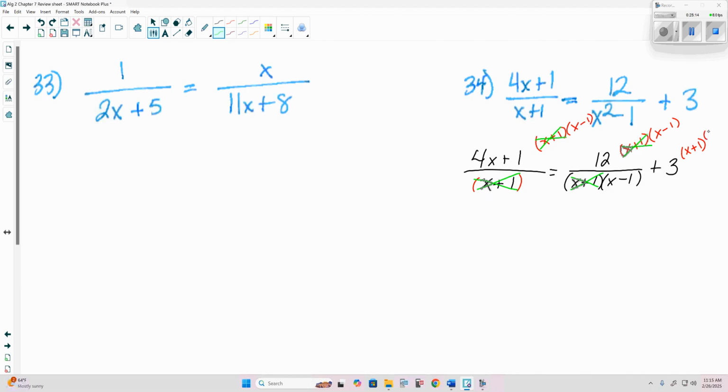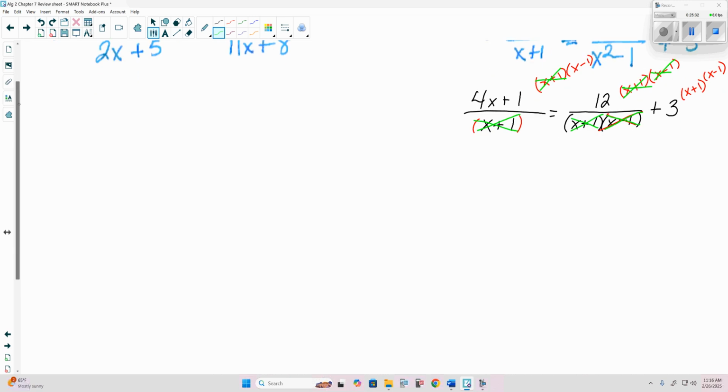Now, the middle expression still has a denominator. So we also have to multiply this by x minus 1, which means everything else has to be multiplied with x minus 1. So for this here, we had to multiply the entire equation by x plus 1 and x minus 1.